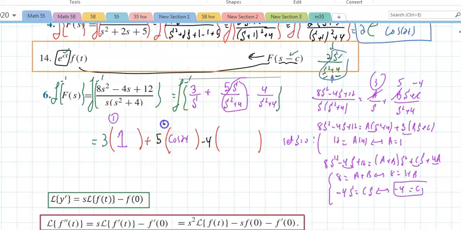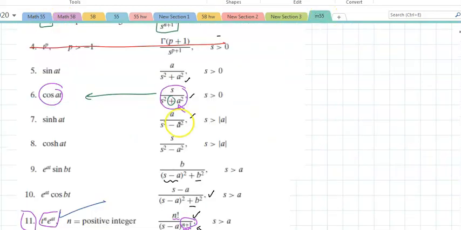So you make sure on the homework and the exam you number those for me. And actually here I do need the 4. Sometimes you do, sometimes you don't, right? If I look at s squared plus 4 in the denominator, it's right there, and that's going to go to a sine.